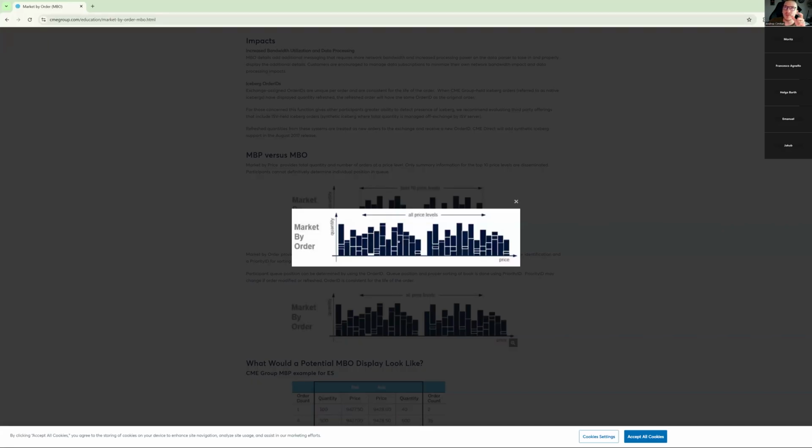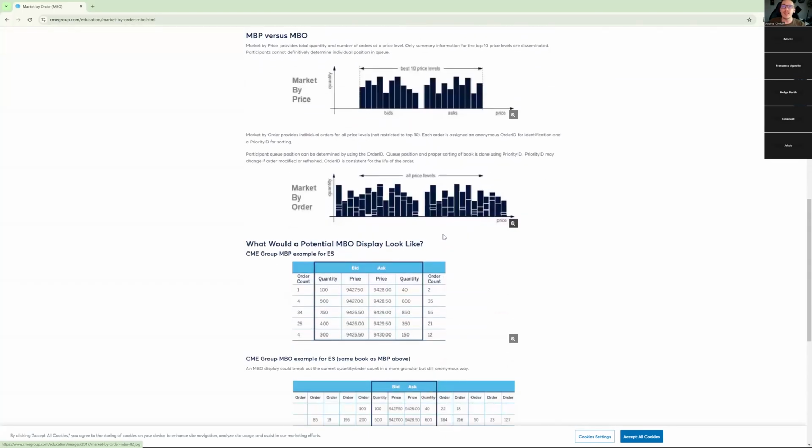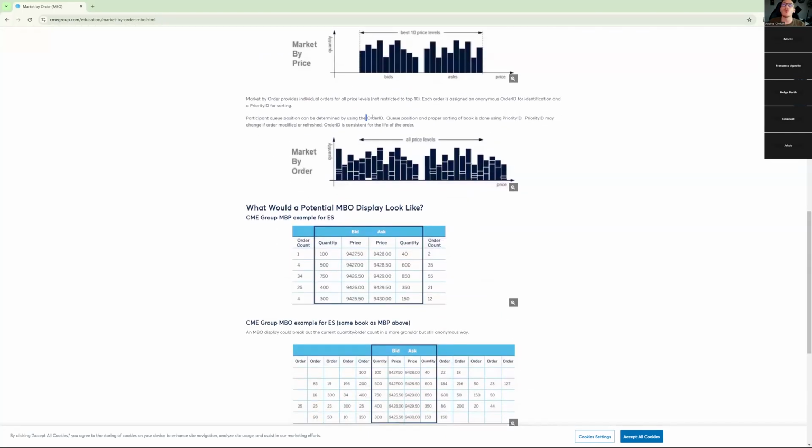And so you can see every single order by itself when it's executed. This is thanks to the so-called order ID. Every order has an ID, okay?